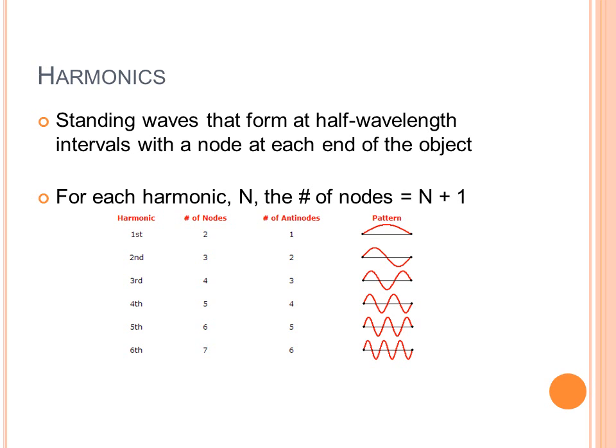If you look at all of these patterns here, your first harmonic is a wave that just has two nodes, one on either side. Your second harmonic has three nodes, one on either side and one in the middle, and it divides it up into two segments. The third harmonic has four nodes and three segments, and so on and so forth.